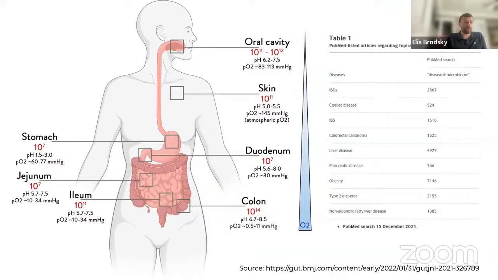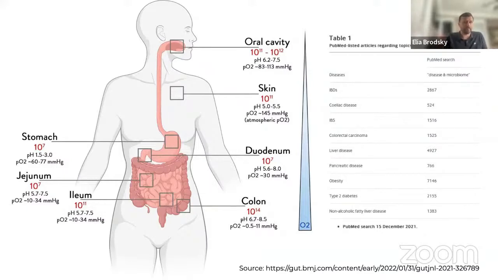It is one of the reasons why we cannot just isolate a lot of these individuals to study them in a lab, because we would have to recreate the exact conditions where they grow. And those conditions are in part dependent on the composition of the microbiome.